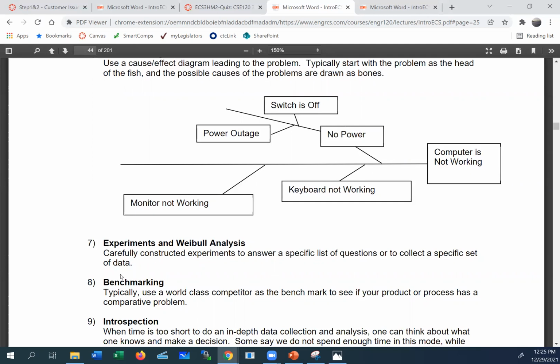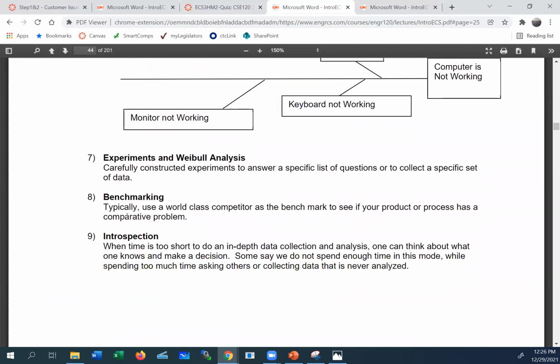The other ones get a little more abstract. Benchmarking is useful when, for example, your product is not selling or your product has a problem in the market, but there's nothing functionally wrong with it. Then it may be that other people have better products than you do. This process is called benchmarking.